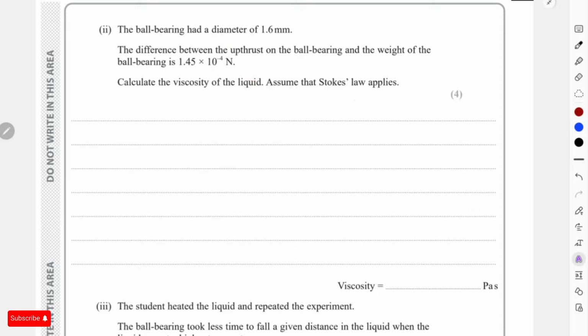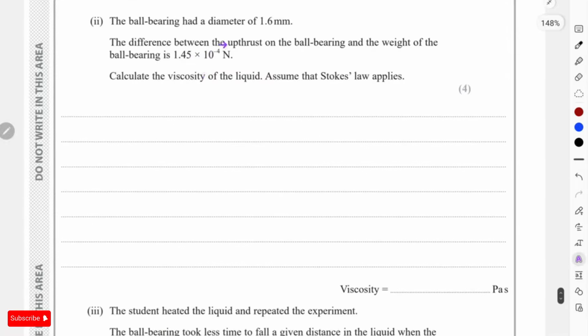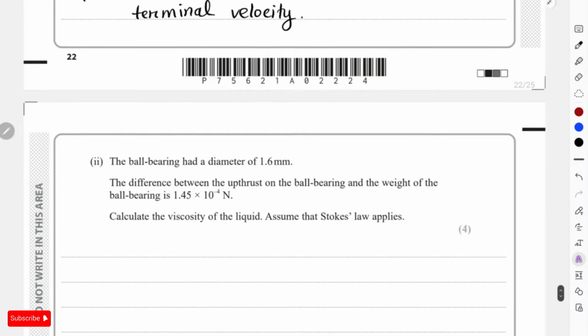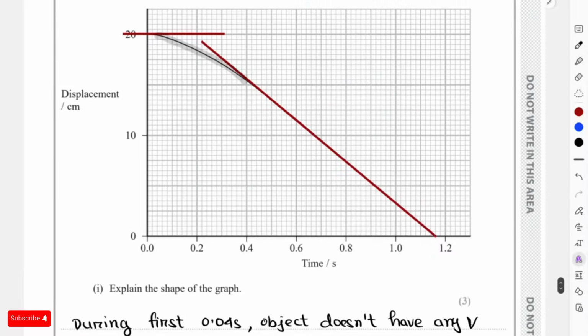So if Stokes' law is applying over here, we still have the weight, right? Okay, we have the diameter. From this we can find out the radius, right? And then from the gradient on the graph, since we're talking about Stokes' law, obviously we have to focus on the constant gradient part, right? So I'll just use easy coordinates to work with.